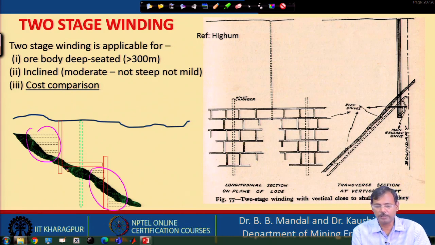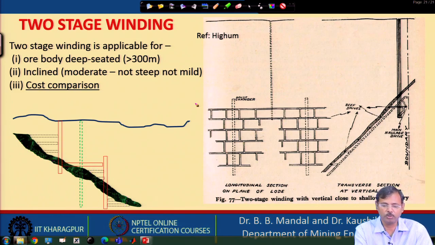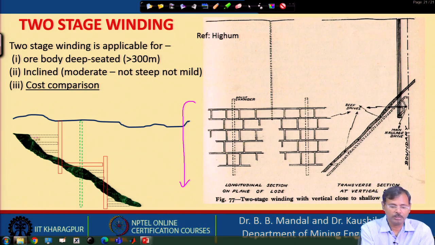The reason is that generally in multi-level mining, the transportation system is practiced by sending all the ores towards the transporting level. So, we first send all the ores from this portion, this portion, this portion to this position.